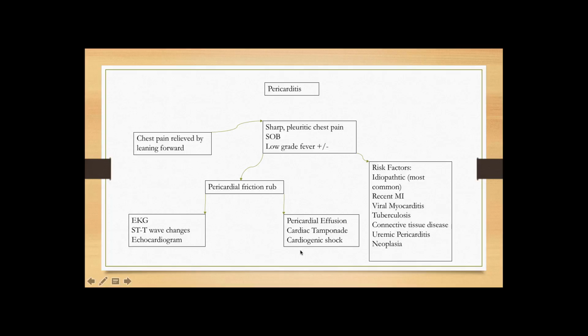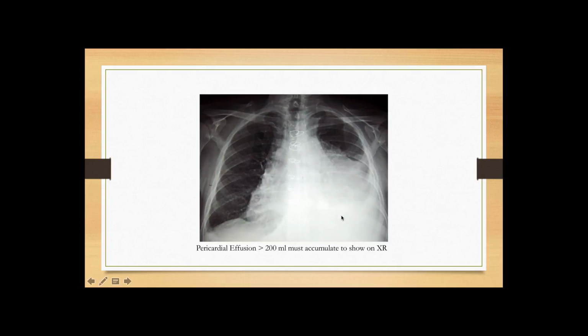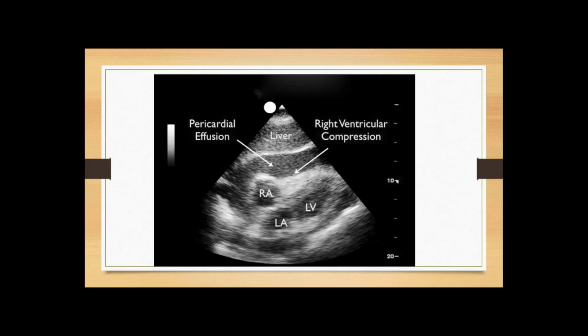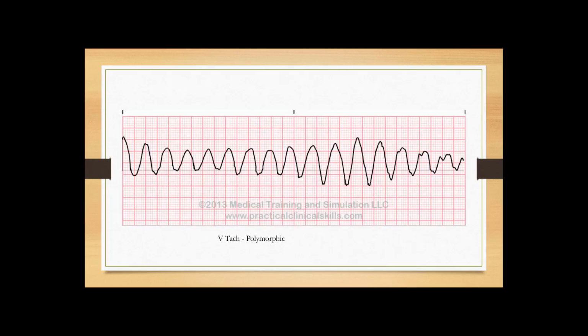And whenever there is cardiogenic shock, it will cause decreased perfusion in the brain, and people can die from it. The next is a chest X-ray showing pericardial effusion. This is another copy slide from the previous talk, and then echo showing effusion.